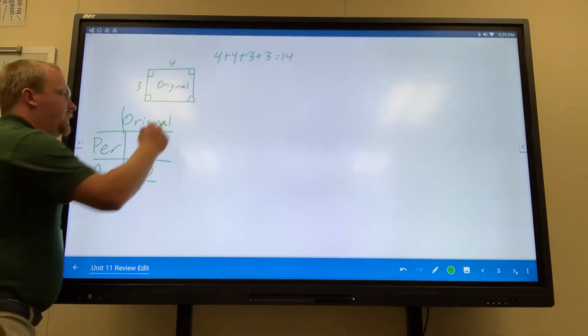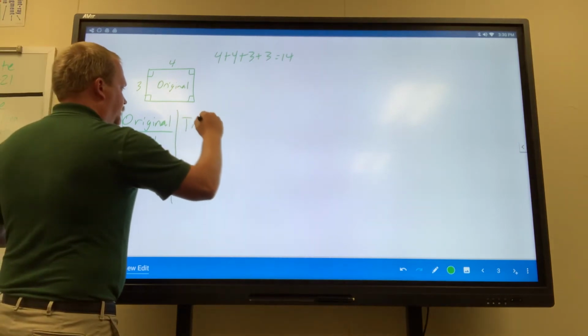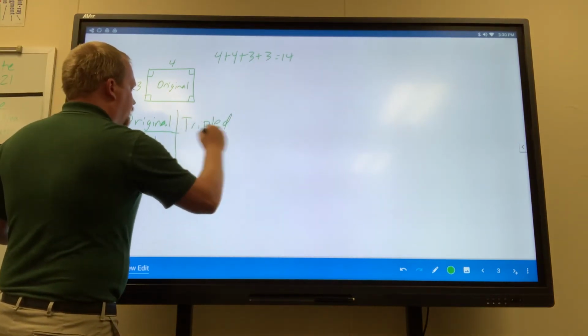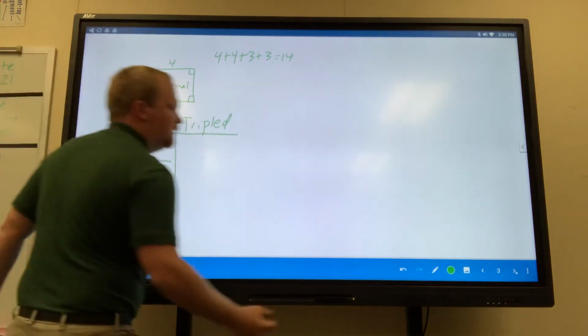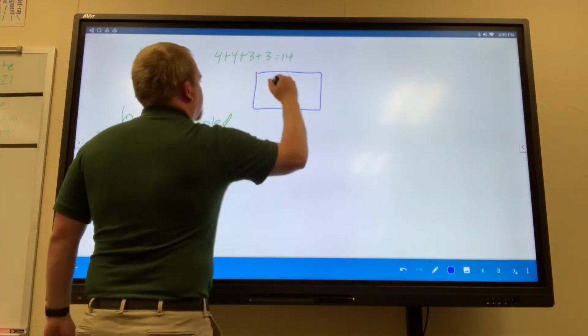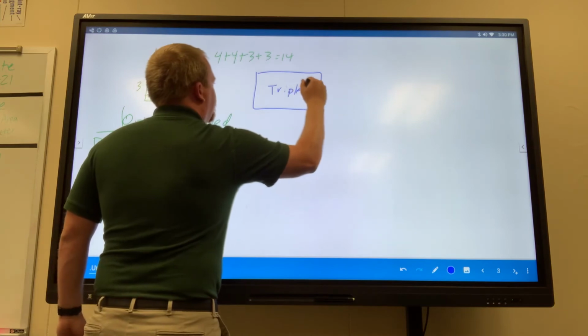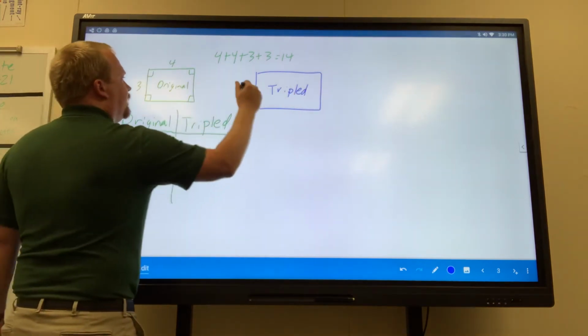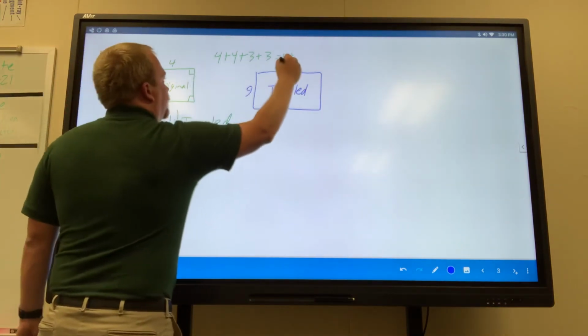All right? Now, if I tripled the length, imagine this is the triple. That means that instead of 3, it's 9. Instead of 4, it's 12.